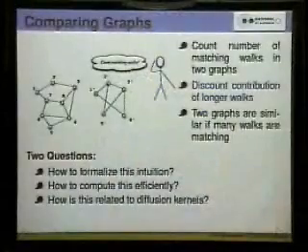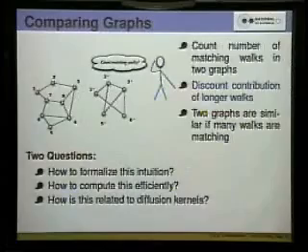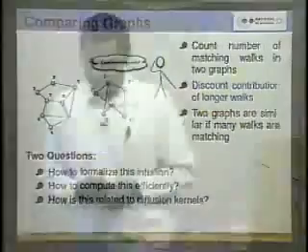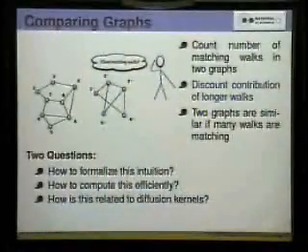So, sorry, this must be 3 questions, or I forgot how to count. But they're basically 3 questions that you must be thinking about, right? Which is natural to think about. How on earth are you going to formalize this intuition? What is the meaning of a matching walk, first of all? The second question is that, okay, even if you can formalize this intuition, can you actually go ahead and compute this beast efficiently, right?